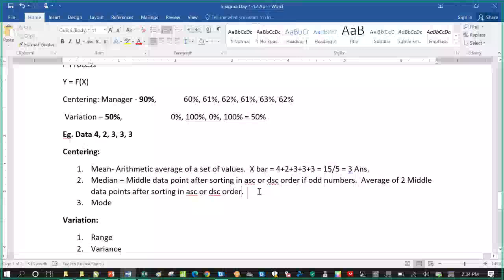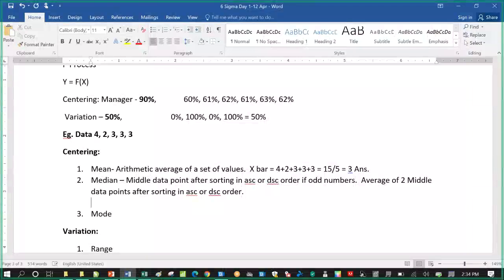Let me explain that. Here we had data, we sorted it in order: 1, 2, 3, 4, 5. So the middle one becomes your median. This is the first scenario.